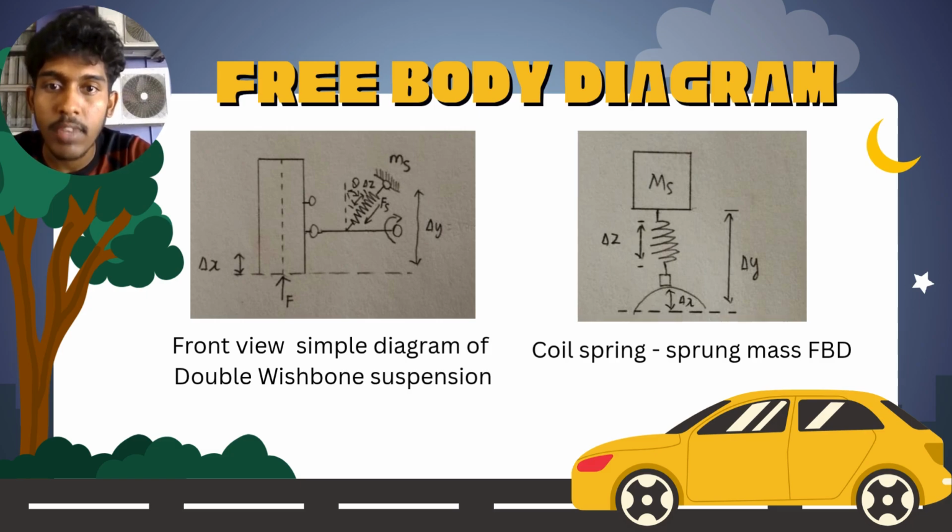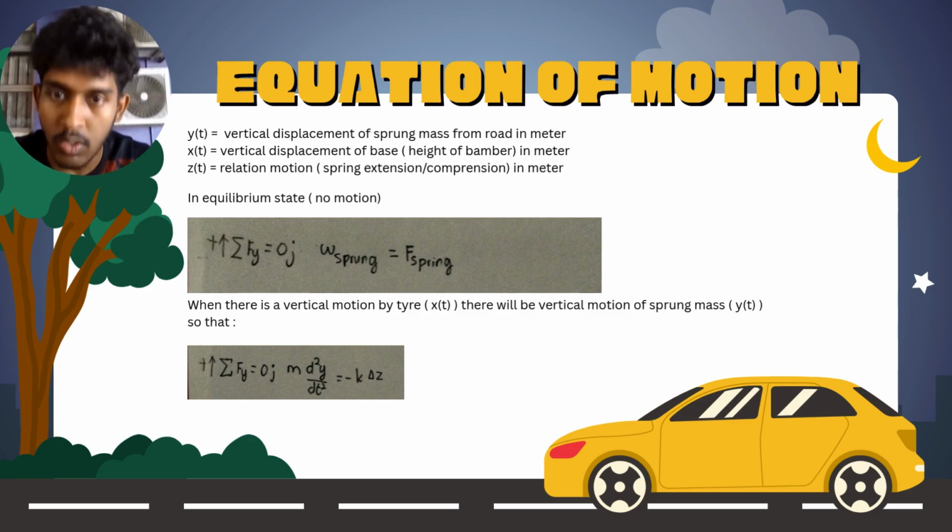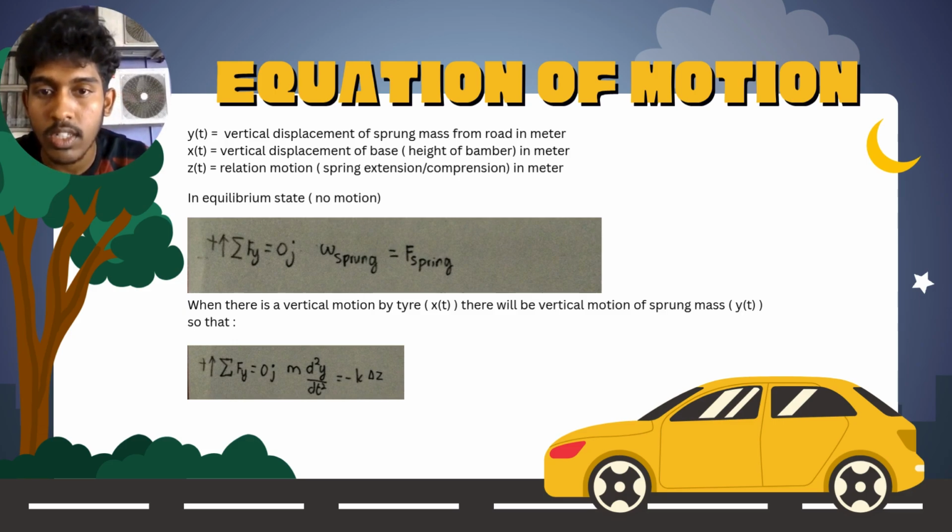And here comes the free body diagram, the coil spring and sprung mass free body diagram. Okay, here comes the important part, the equation of motion. When it's in equilibrium state, the net force in the y-axis is zero, so the weight of the sprung mass is equal to the force generated by the spring.